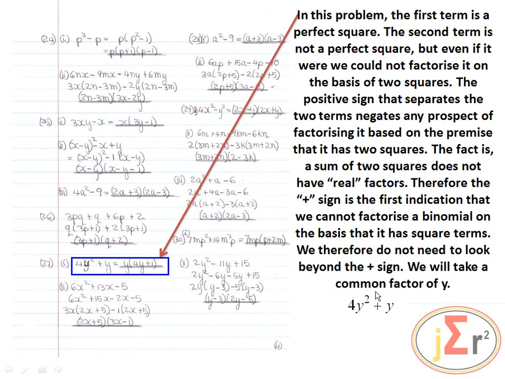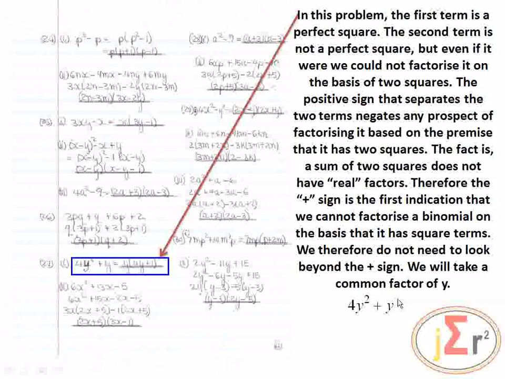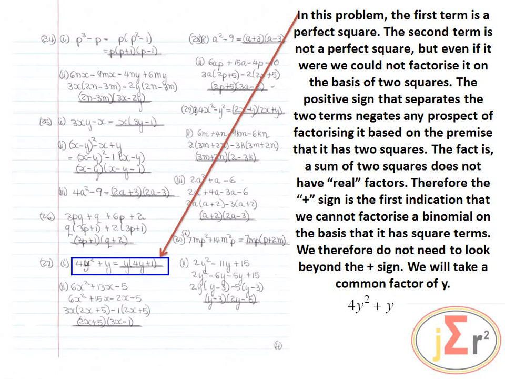The fact is, a sum of 2 squares does not have real factors. So if we had, say for argument's sake, a 25 here, which is a perfect square, we have this first term a perfect square, this second term a perfect square, we still would not be able to factorize the expression on the basis that it has 2 squares.